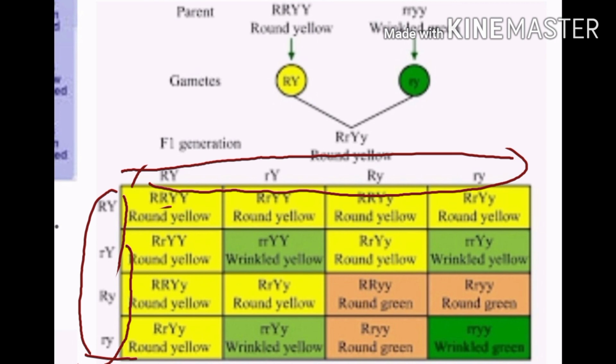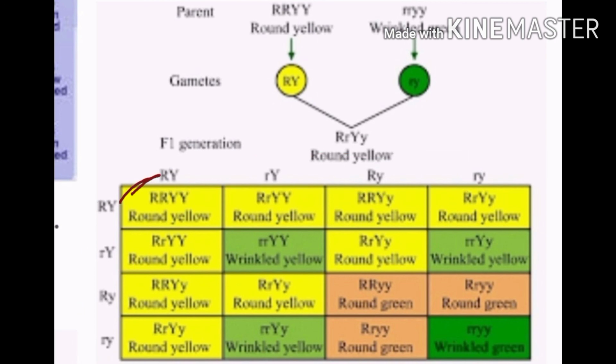Let us see how. The gamete having the genotype capital R and Y combines with the other gamete of capital R and Y and will produce the progeny double capital R and double capital Y. You can see here the encircled part.